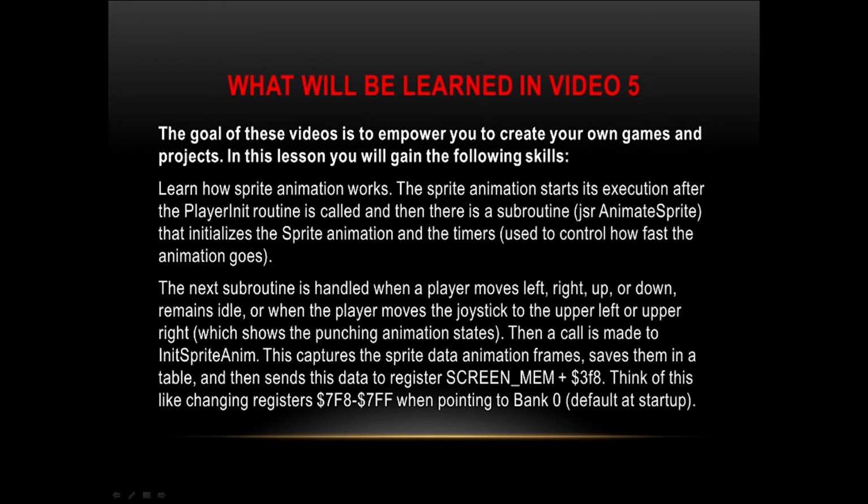What will be learned in video 5? Learn how sprite animation works. The sprite animation starts its execution after the player init routine is called, and then there is a subroutine, JSR animate sprite, that initializes the sprite animation and the timers used to control how fast the animation goes. The next subroutine is handled when a player moves left, right, up, or down, remains idle, or moves the joystick to the upper left or upper right, which currently shows the punching animation states.